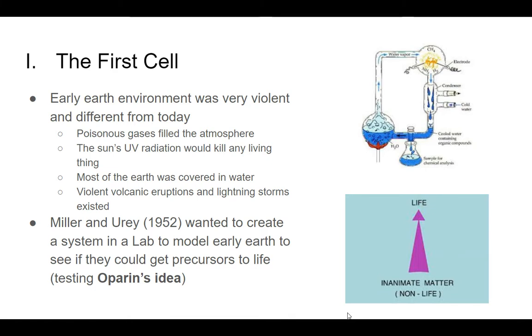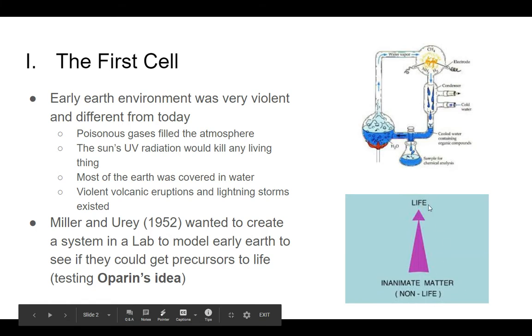Now, keep in mind, they were testing Oparin's idea. The video that we saw on Thursday or Friday introduced Oparin and how he thought, in a very simplified version, that if we could just create the beginning of life, some carbon-based molecules, eventually macromolecules, those would spontaneously form into cells.